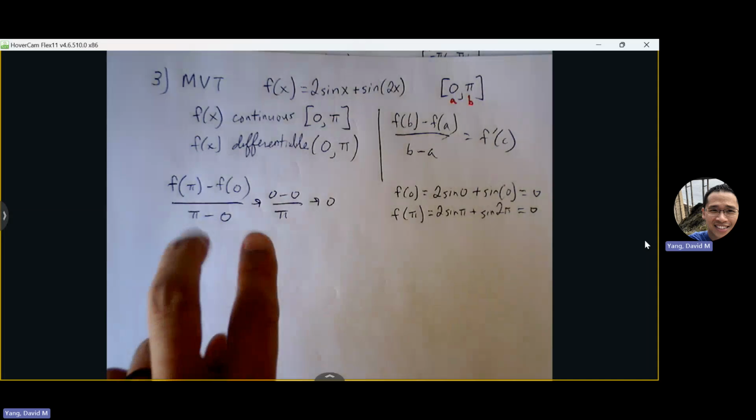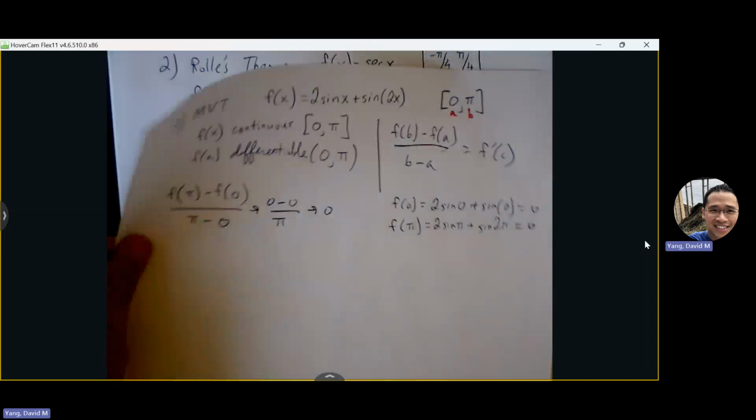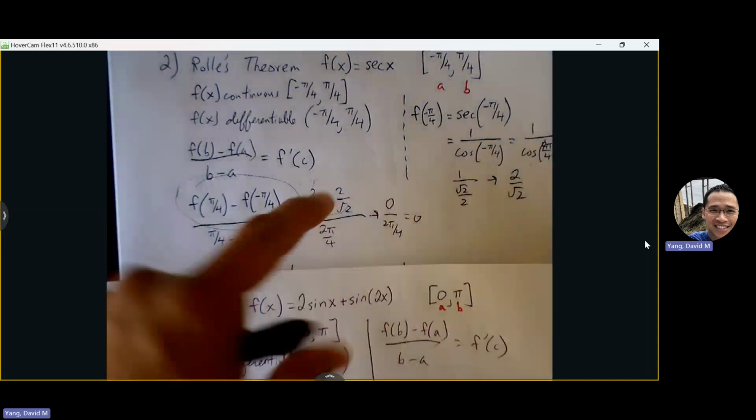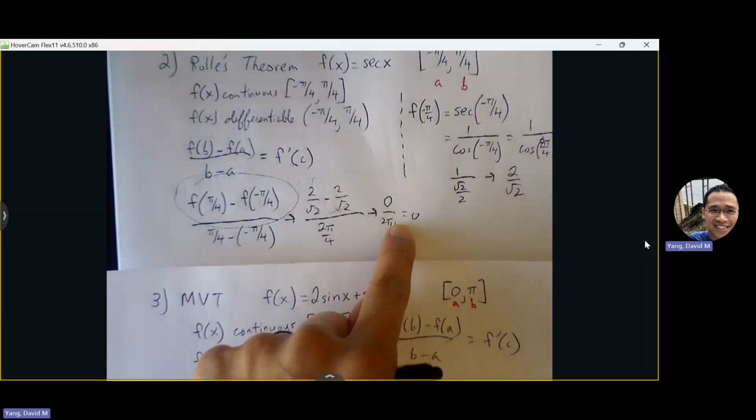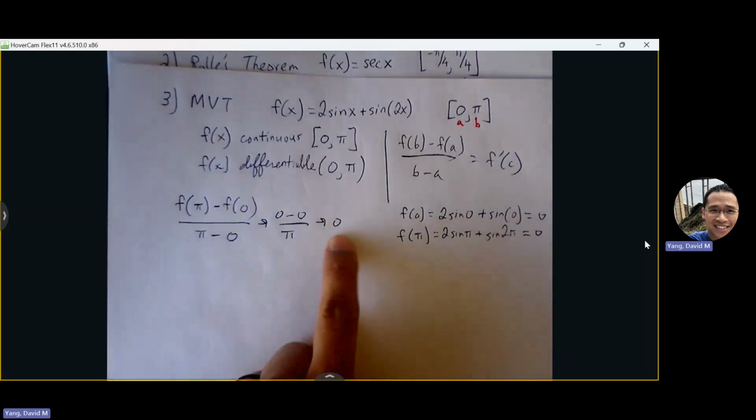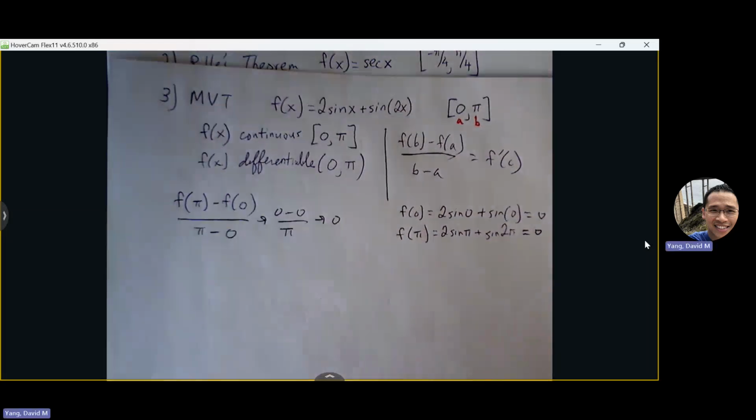Okay, everybody see that process? We got the same result between 2 and 3, but this had to be slope 0. This could be slope 0, but doesn't have to be. So it still passes.